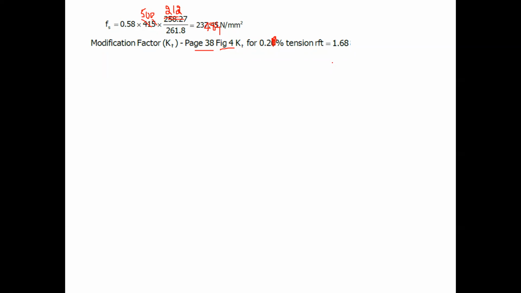Okay, next, take down L by D provided. L by D provided is equal to the span by the depth. Span is how much? Span is 4120, right? Effective span. Yes, sir. Okay. So span is 4120 and D is 120.